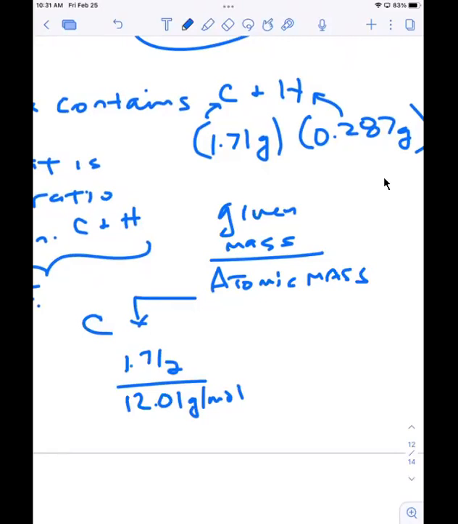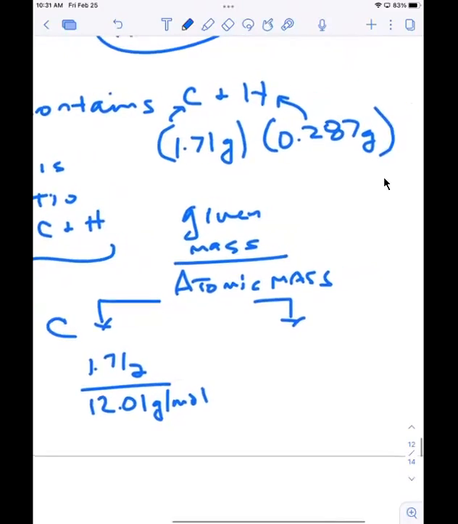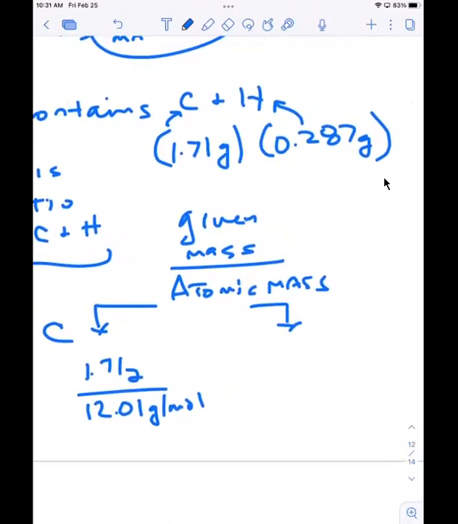All right. So what will we do for hydrogen? What's the given mass for hydrogen? 0.287. Yep, 0.287. And what's the atomic mass? 1.008, and that's in grams per mole.